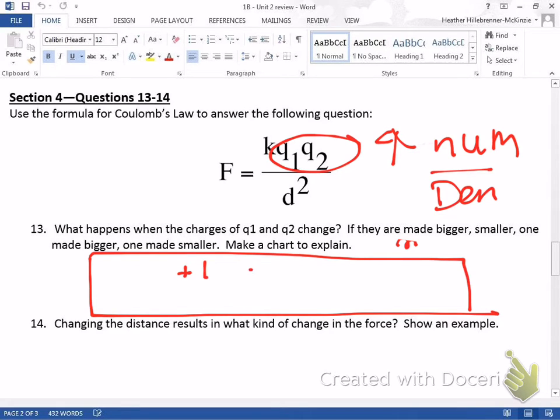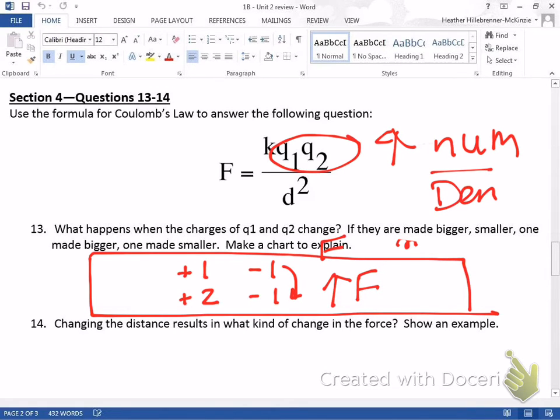So if I got a +1 and a -1, and then I go to a +2 and a -1, this isn't the best chart ever, but what's going to happen to my force as I go from here to here? I would see an increase in my force, yes?